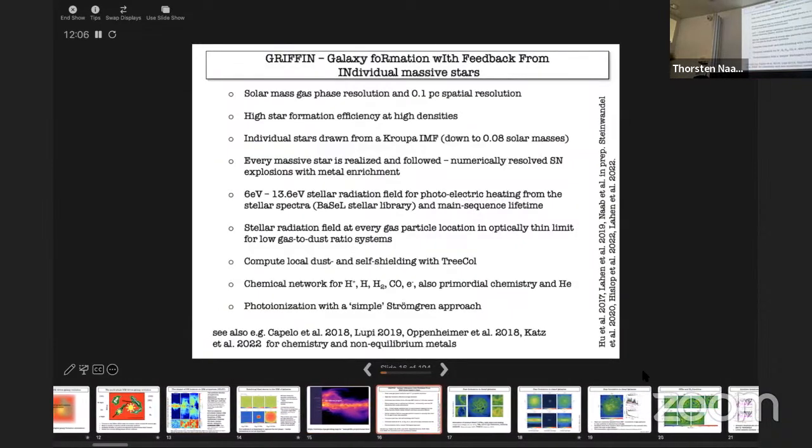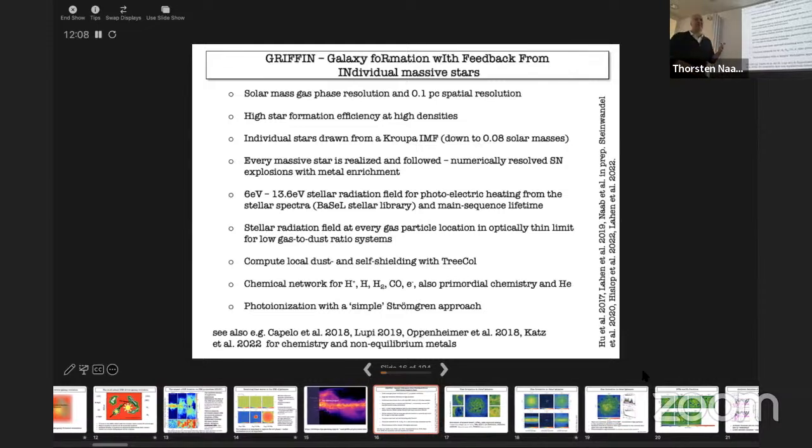And here is a very brief overview of what we have in the simulations. In smooth particle hydrodynamic simulations, we typically work with the resolution of a solar mass, a few solar masses, 0.1 parsec spatial resolution. Star formation at high densities I'll talk to you about later.